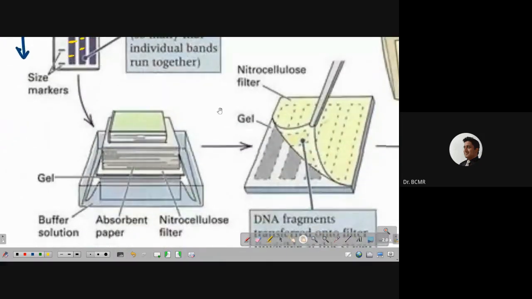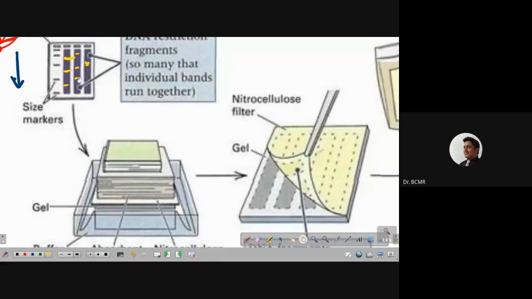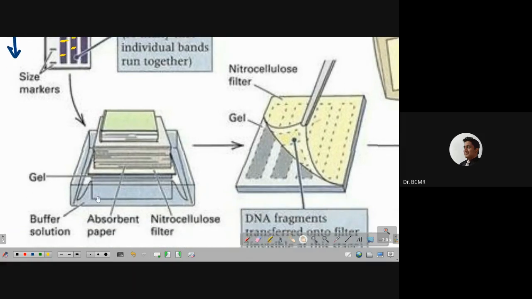What is blotting? As I said, now the DNA is present in the gel. From the gel, we need to get the DNA to a nitrocellulose filter or membrane. I put the gel here, as shown in the picture, and on top of it I put the nitrocellulose membrane, and then I add some paper towels and so on. In this tank, we pour buffer, and these papers act like a wick.